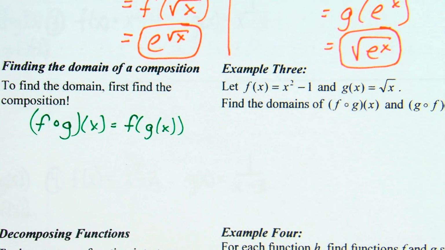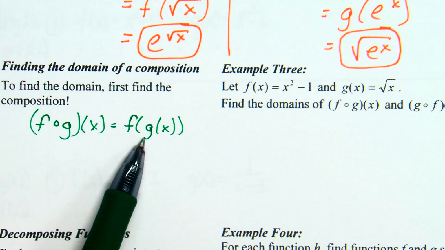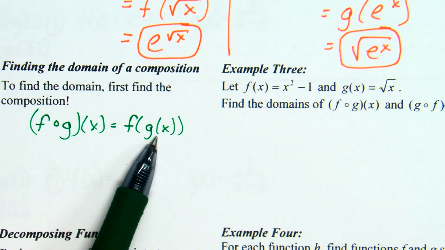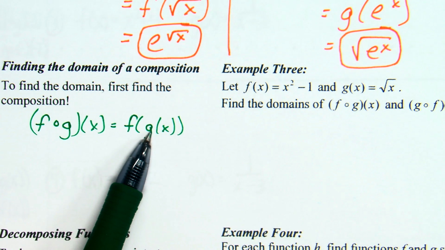Okay, but we're not getting detailed here, right? If it's Fogg, I always rewrite it as f of g of x, which means what's on the inside? G. And g, so that means g is on the inside, so it's going to be put into f, which is on the outside. So we're going to take g and put it into f.